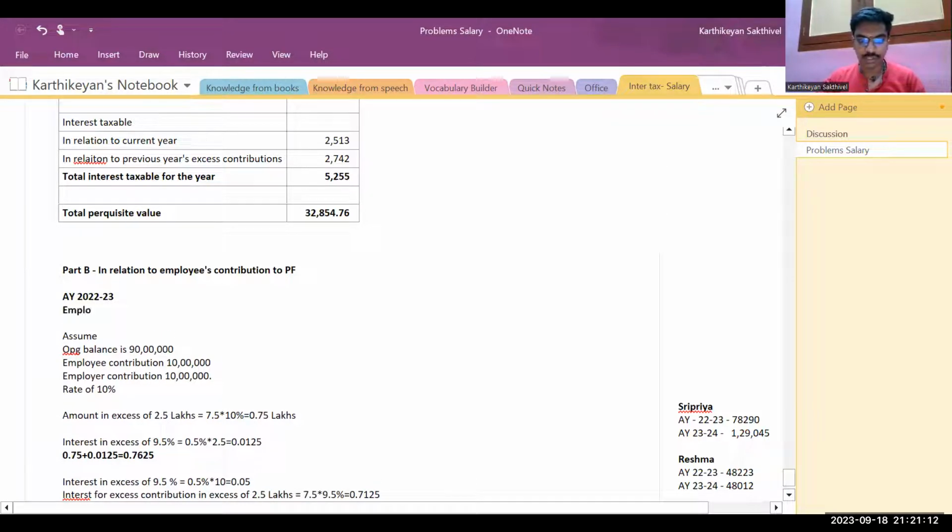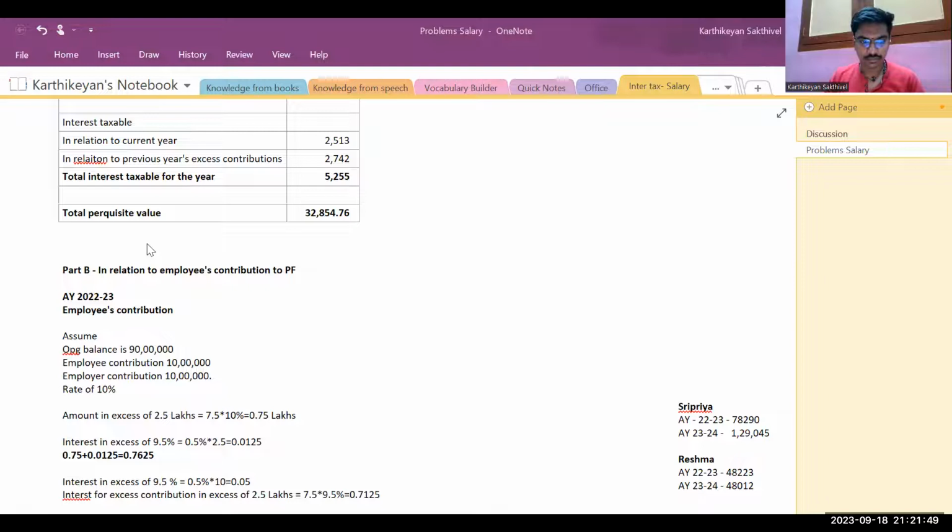What is the employees contribution? 7,77,600.